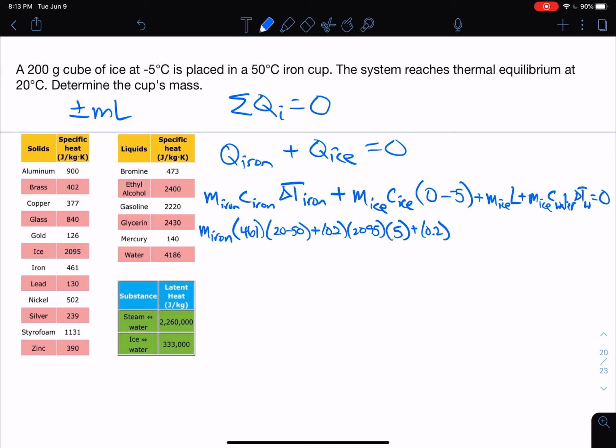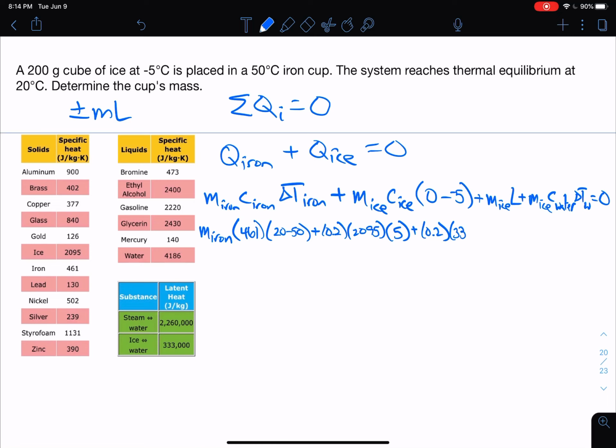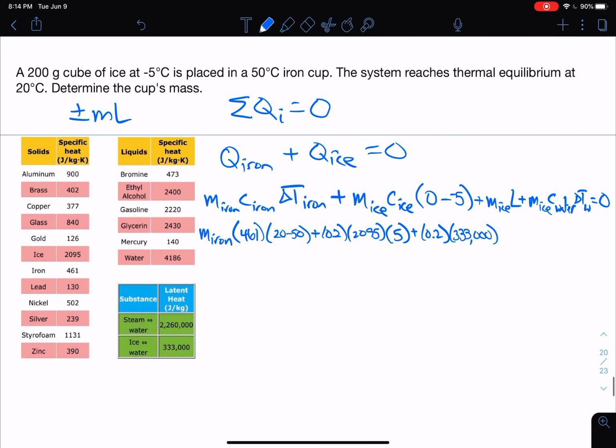L is the latent heat. This is going to be the latent heat from going between ice and water. If I was going between steam and water, I would need a different latent heat, but we're going between ice and water, so this is the latent heat I need. That's 333,000 joules per kilogram.